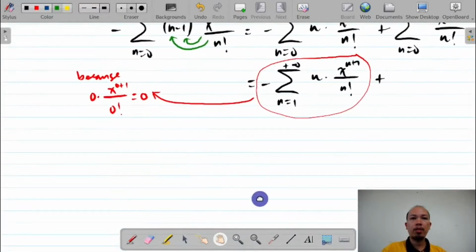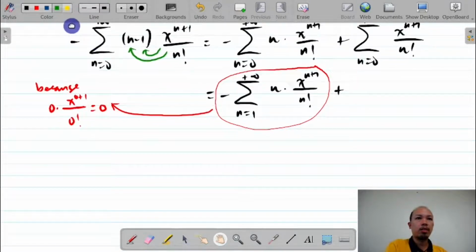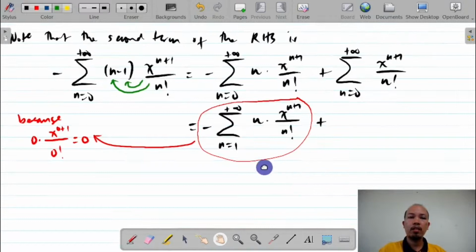Just recall your statistics, or combinatorial mathematics. So the first term, when n is equal to 0, is just equal to 0. So they are just equivalent.